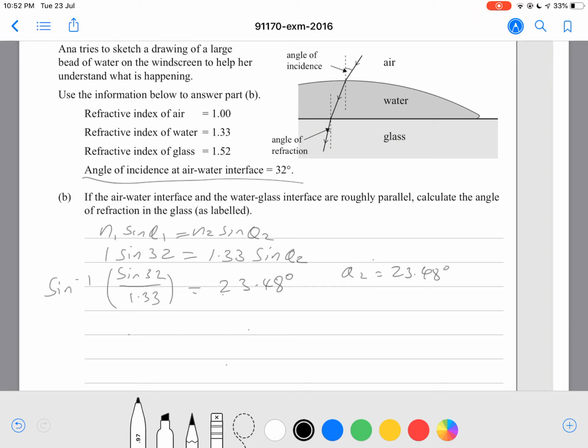Once again, we use Snell's law, but this time with the water-glass interface to find the angle of refraction in the glass. This time n1 is 1.33 as we're going from water to glass. 1.33 sine 23.48 equals n2, which for glass is 1.52, times sine theta 3, which we're trying to find.